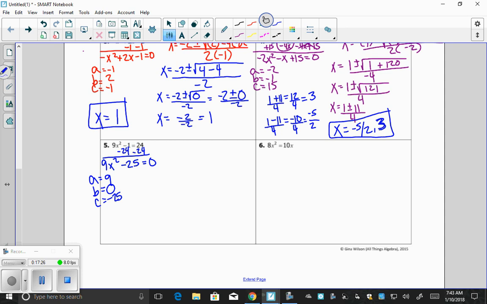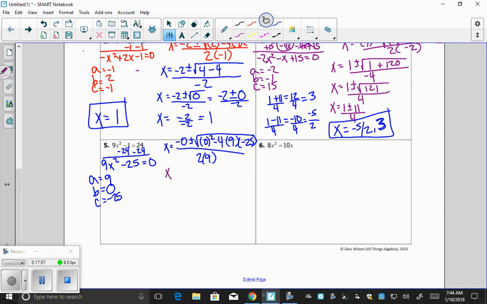So from here, plug it in. X equals the opposite of B plus or minus the square root of B squared minus 4 times A times C, all over 2A. Well, negative 0, that's not going to change anything. So you don't even have to write that.